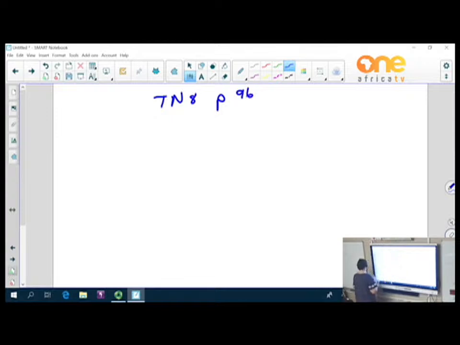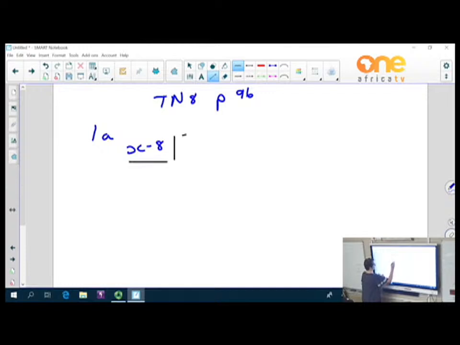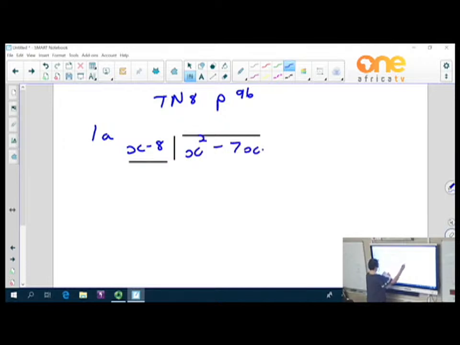Right. Now the first ones are still easy. I would like you to first do them and then listen to the recording. So x minus 8, and we're going to divide this one into x squared minus 7x minus 11. Straightforward what we did: divide, multiply, subtract.